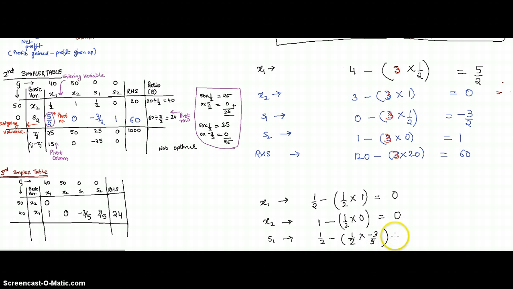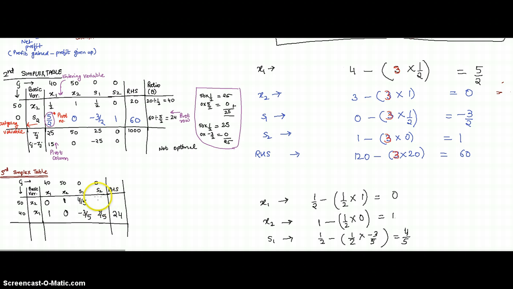When you calculate it, it comes out to be 4 over 5. I forgot to write here, it is 1 minus 0, it's not 0, it is 1. This one, and here we will get 4 over 5.